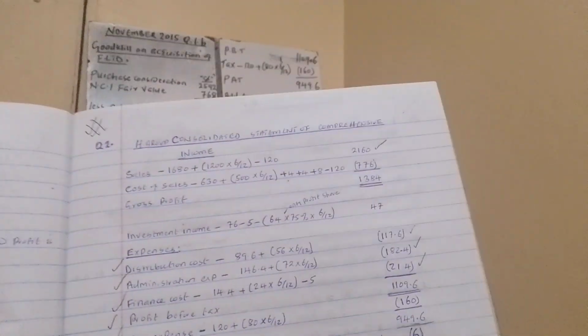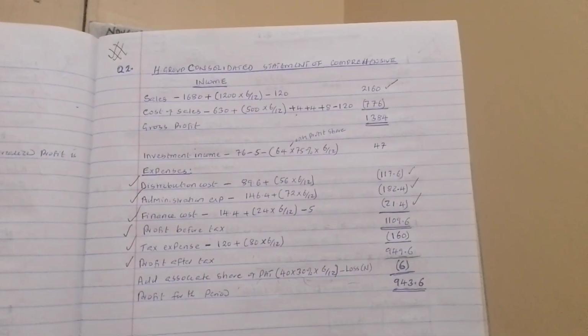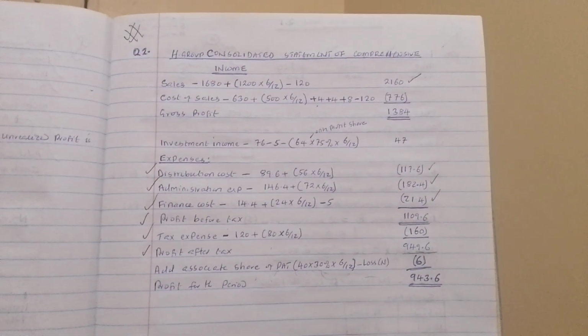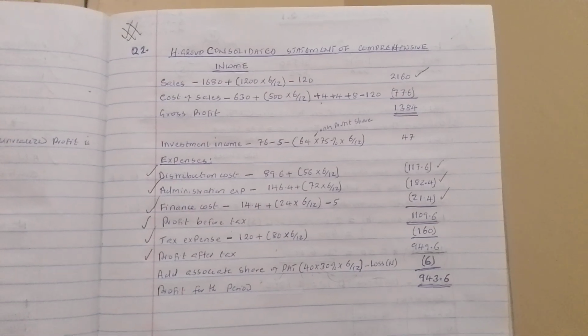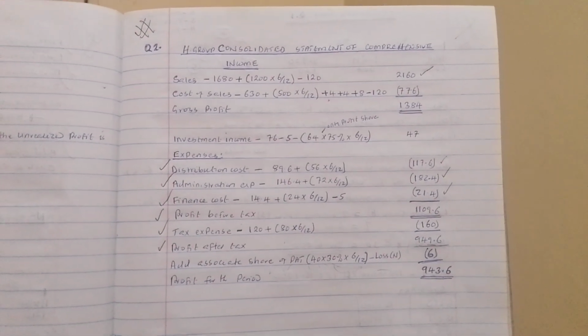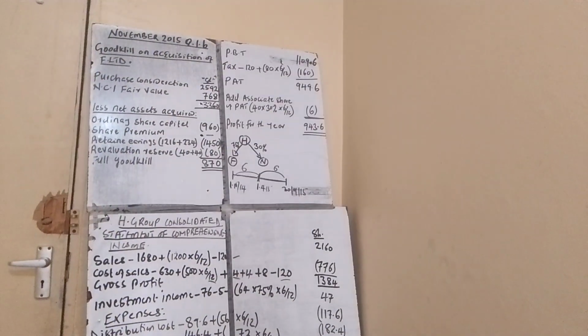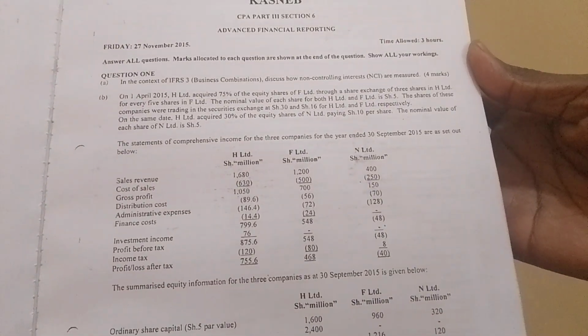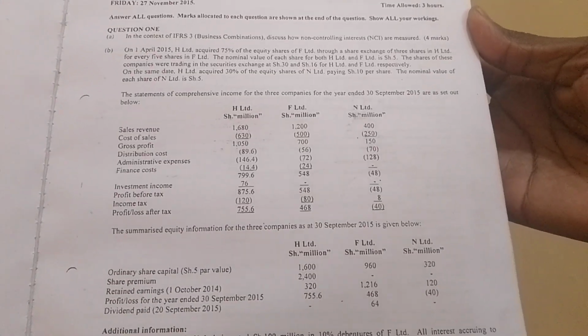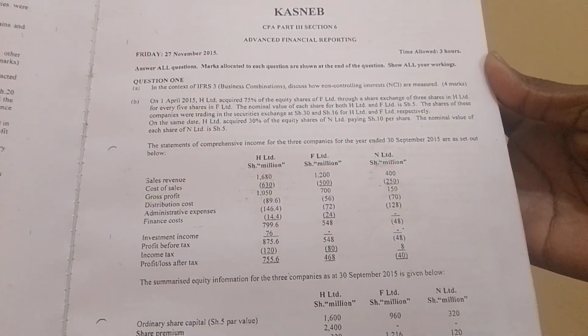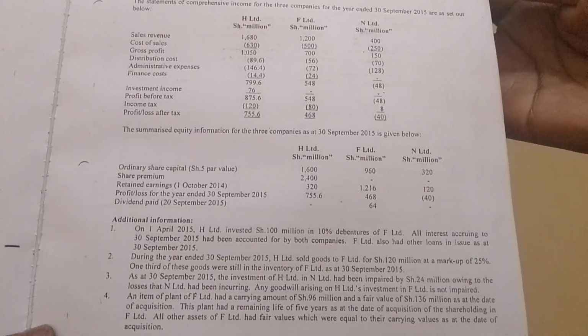And then the other part, which we have just concluded, is the H group consolidated statement of comprehensive income. It appears that way. So finally, because you have the solution with you, the question originally was that. November 2015, question 1B.